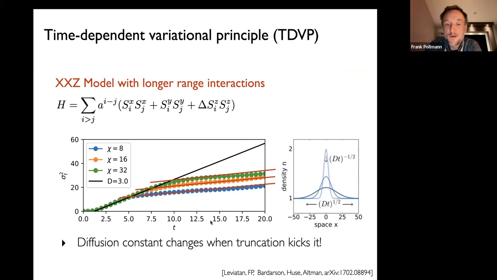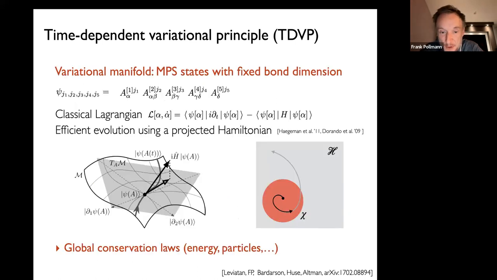No, that's a good point you make, because there's now the following story. If I'm using one-side TDVP, I'm exactly moving in this manifold, so I'm following the trajectory. If I'm using two-side TDVP, actually I'm allowed outside of this manifold.